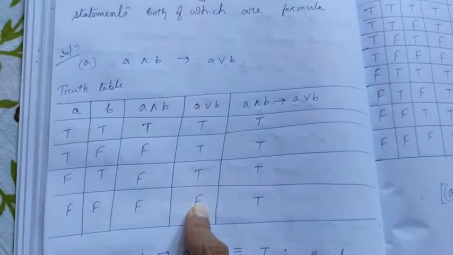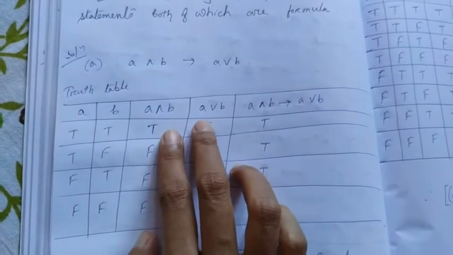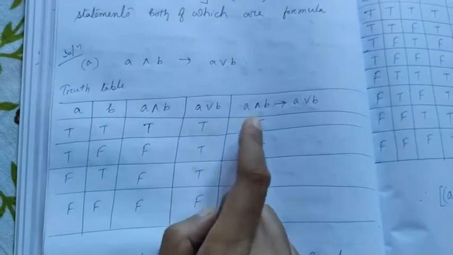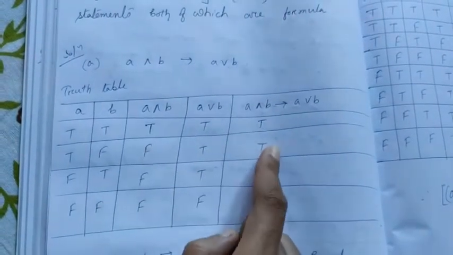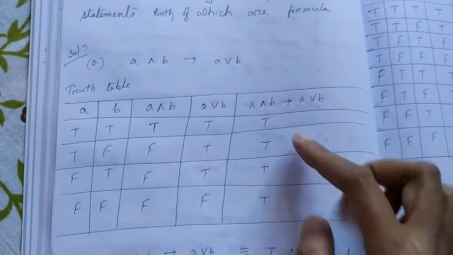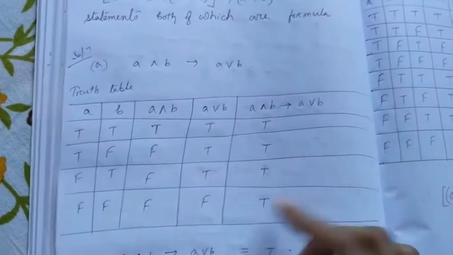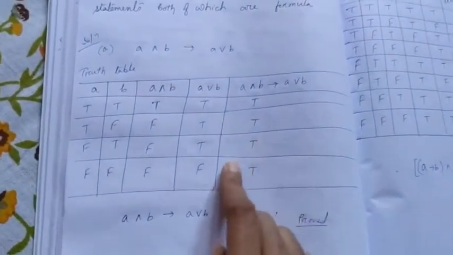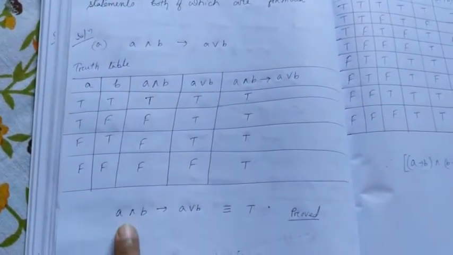Now you have to find this one. If both are true, then this is true. For false true it is true, and for false false again true. So this column is equivalent to true, and this is what we have to prove. From the truth table it is clear that this is equivalent to true.